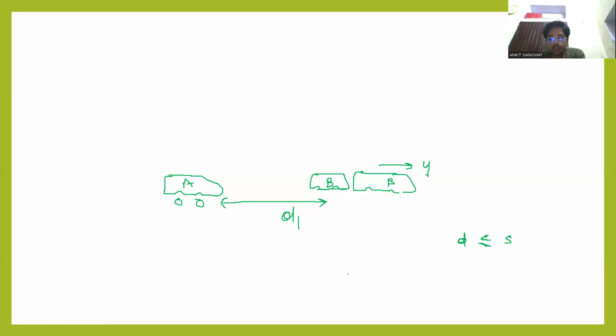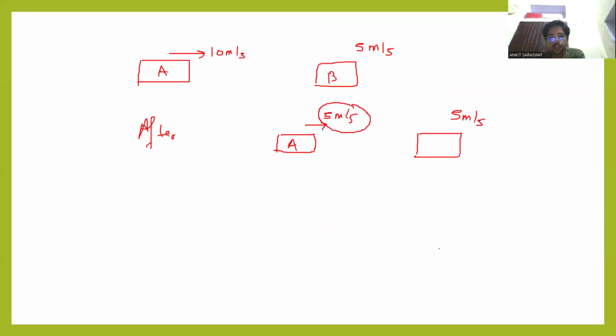Okay. So what is D in our case? VA minus VB whole square divided by 2A. This is the answer. So what are they asking in the question?